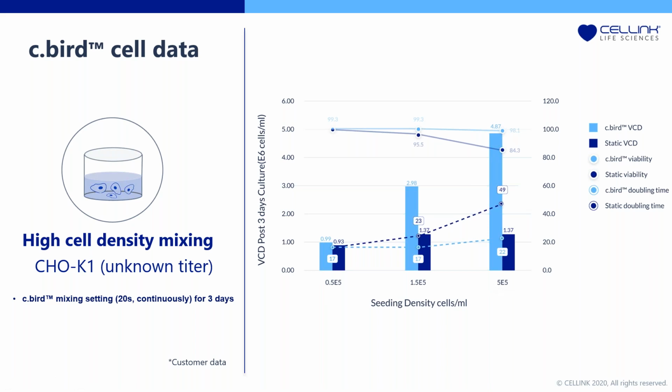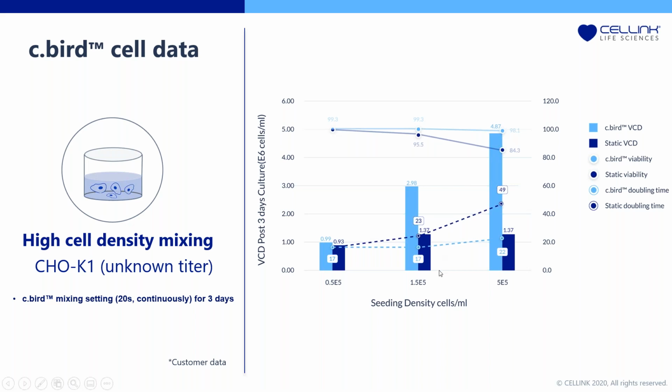They compared SIBR and steady culture for cell viability and density after 3 days of culture, so it's also an endpoint measurement. At the lower cell density, SIBR does not differ greatly from steady culture in terms of cell density.